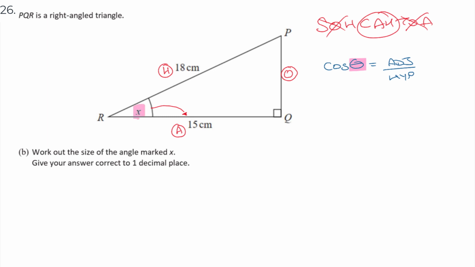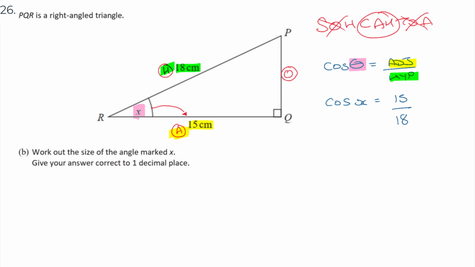This time I don't know the angle, so I'm just going to say cos X. I'm going to switch to the letter that they've actually given me in the question. The adjacent, that is this side down here. That's the adjacent, isn't it? That's 15. And then the hypotenuse is over here. Look, that's 18. So cos X equals 15 over 18.